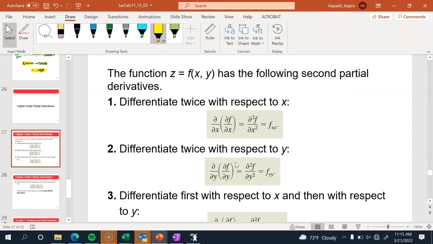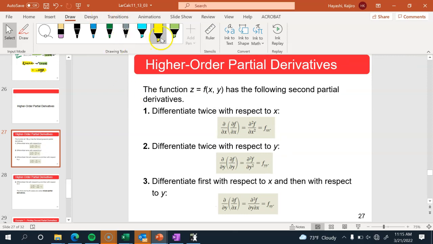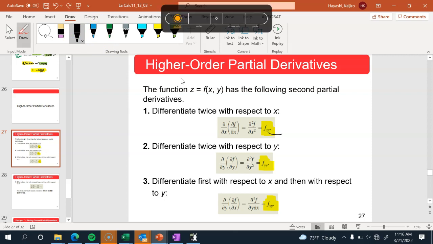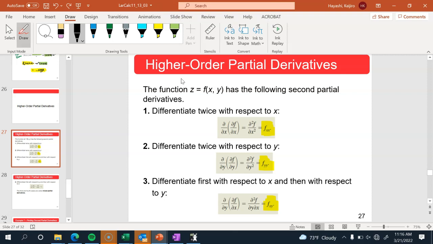You're definitely much more likely to see this sort of notation for higher order partial derivatives with this little f. With this function notation, when you take the partial derivative with respect to x twice, you're just doing it with the same variable both times.